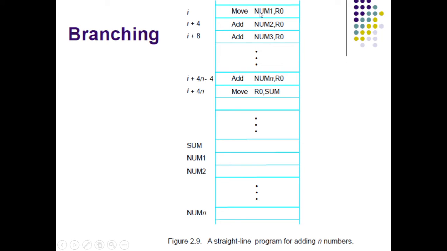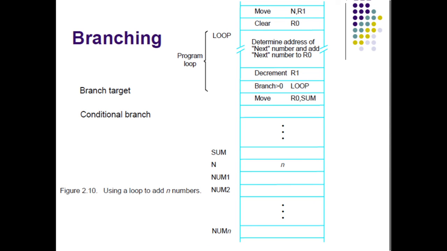Okay, so here we have different add statements one after another in order to perform addition of n numbers. But this is not an effective method for adding n numbers. Instead of this, we can use a looping statement.